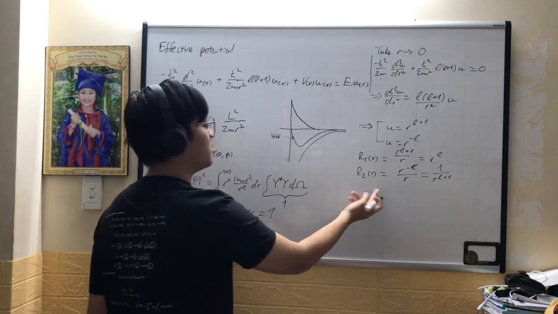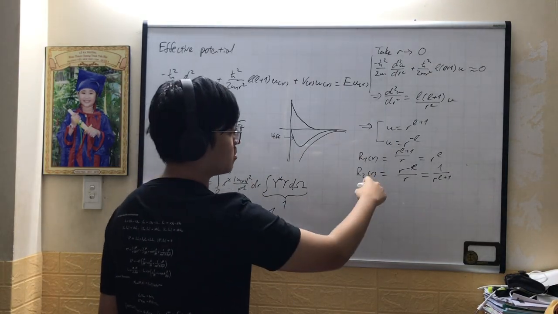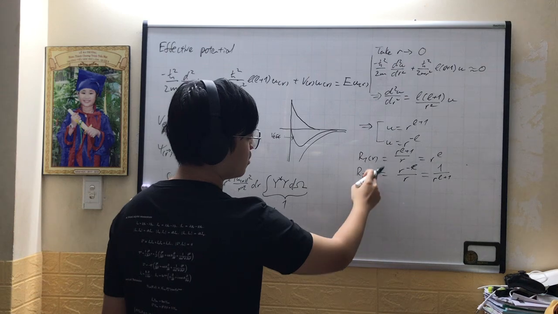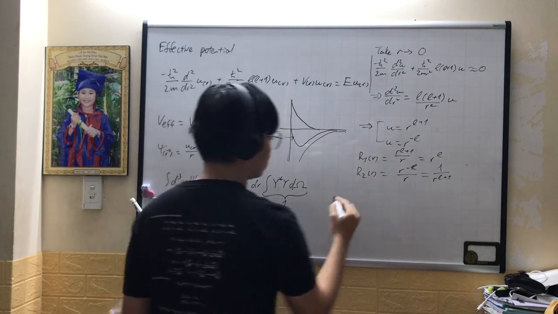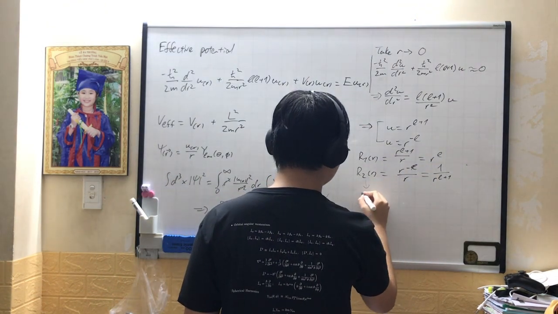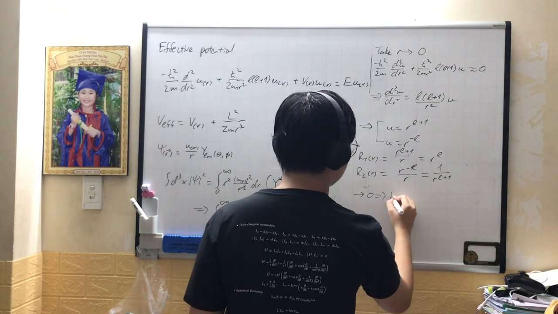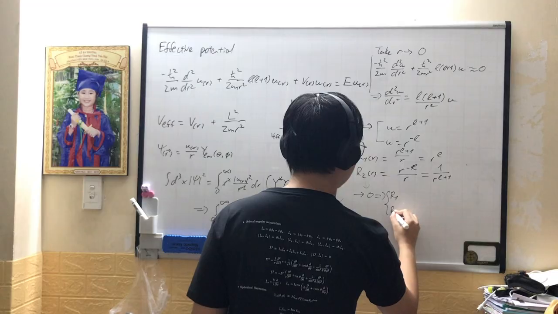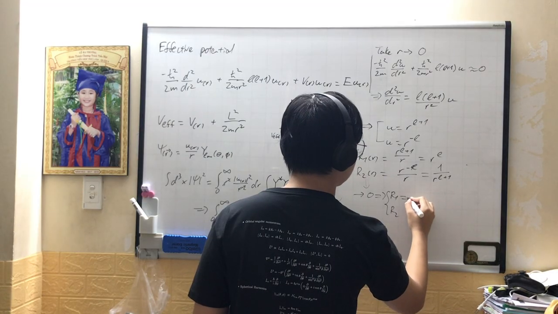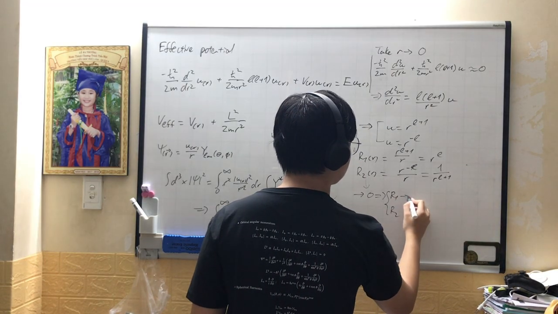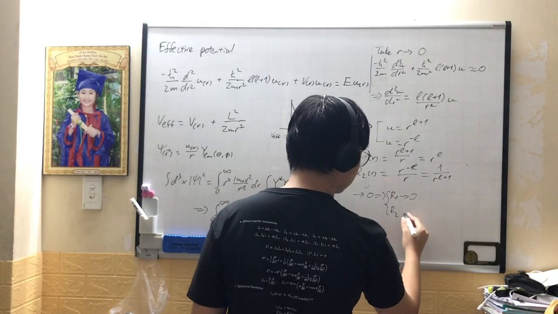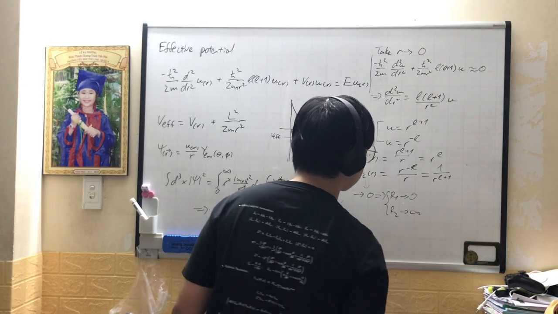You can see that when you take r to 0, R1 goes to 0, but on the other hand R2 goes to infinity.